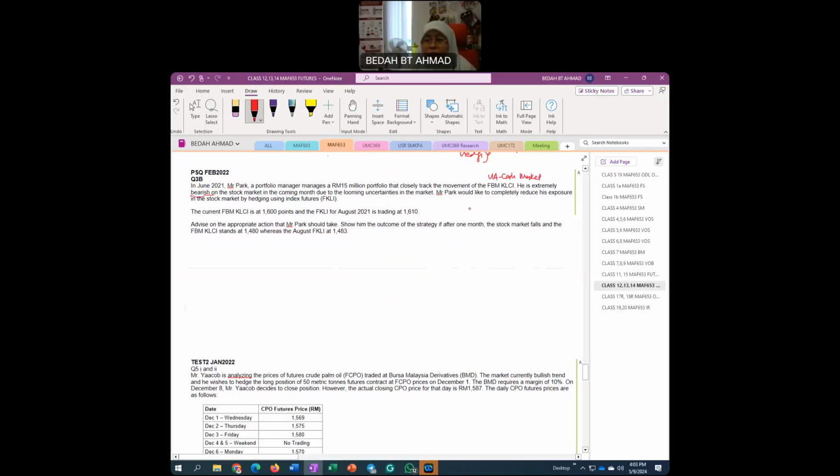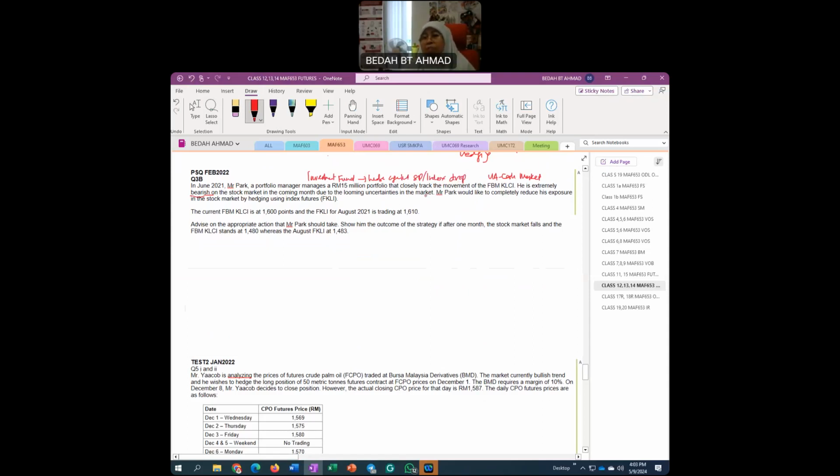Mr. Park would like to completely reduce his exposure. The investment fund is already in the hands of the portfolio manager, so he needs to hedge against an index drop.